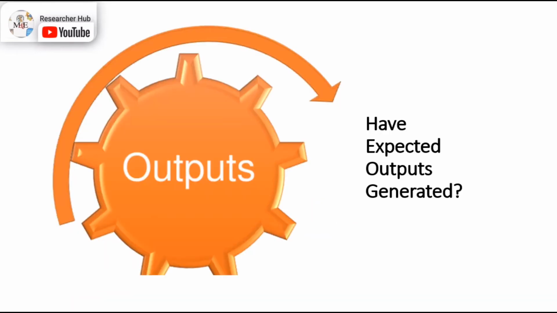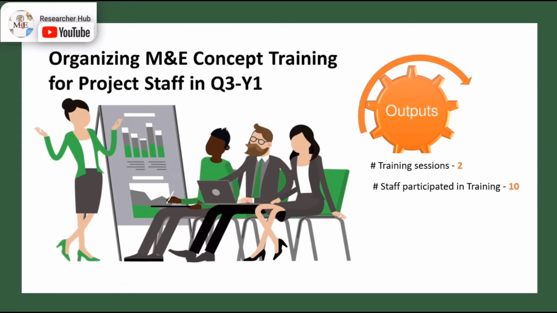Not only monitoring the activity, but we also observe the expected output. Generally, when we plan for a single activity, we do have expected outputs. A well-planned activity plan must come along with expected output. For example, here, organizing M&E concept training.